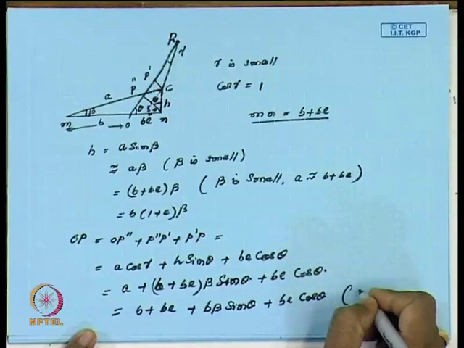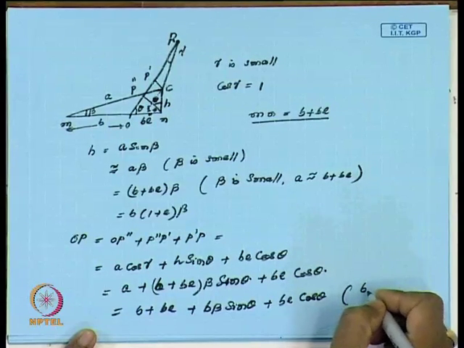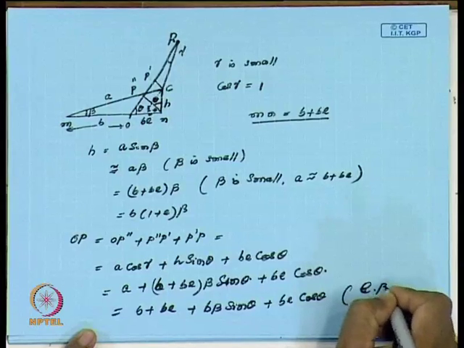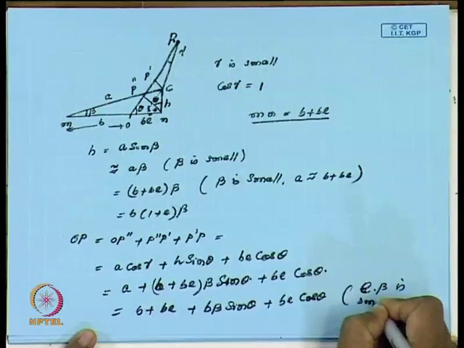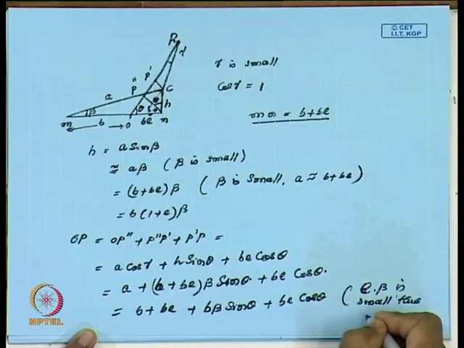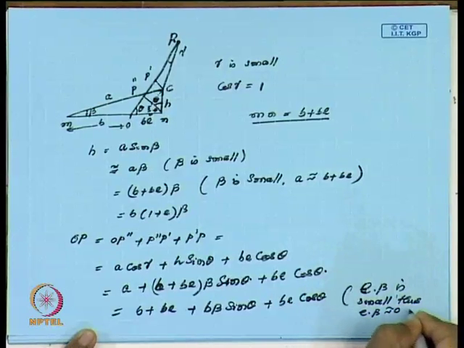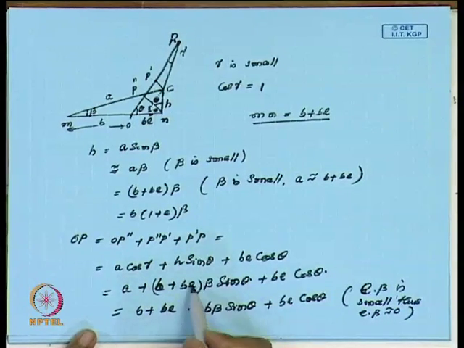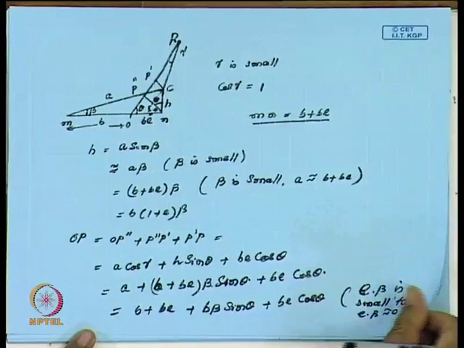Assuming BE into beta is small, and thus neglected, E beta will be 0, so this term will go. So, B plus BE plus B beta sin theta plus BE cos theta. So, this is what OP is.